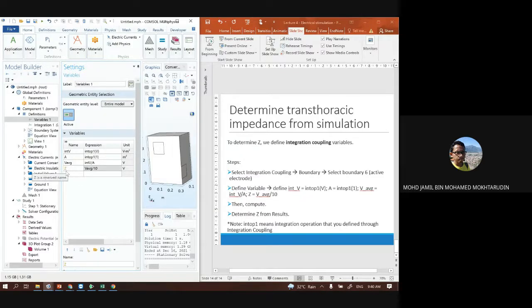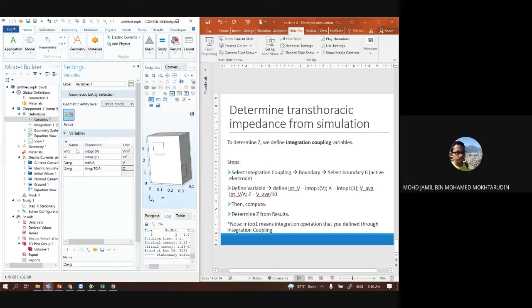Now Z is a reserved name. In earlier versions of COMSOL, Z is not a reserved name, but now we cannot use Z. So we need to use something else, maybe Z average, anything. So Z average, you get V over I0. For I0, we need to put a unit. The unit is ampere, so you get ohm.